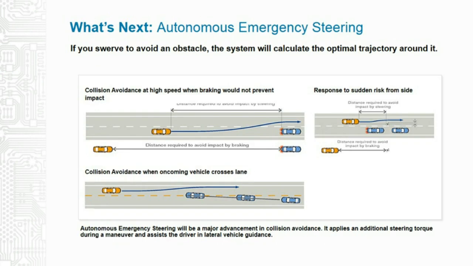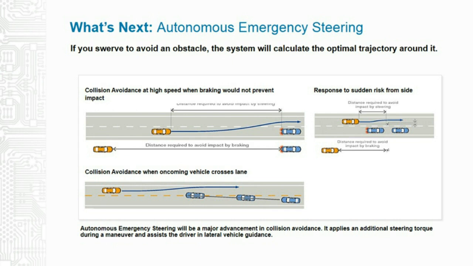Again, when you have the computer in the system, you can do automatic emergency steering, and basically what this slide is showing is a car that is determining how to get around another car that it might be crashing into. It determines where it needs to go.